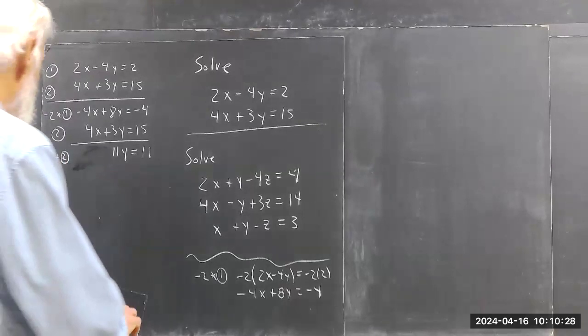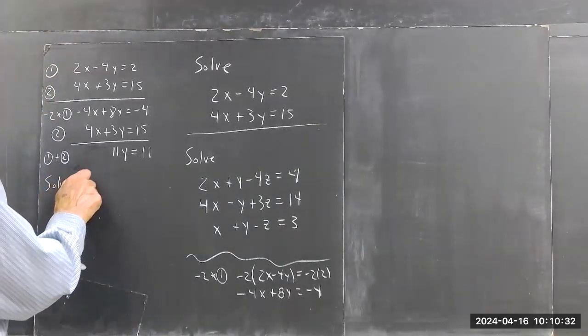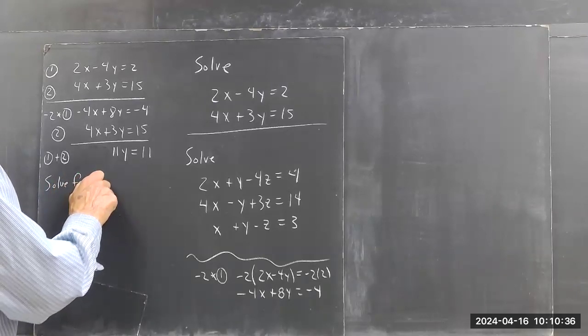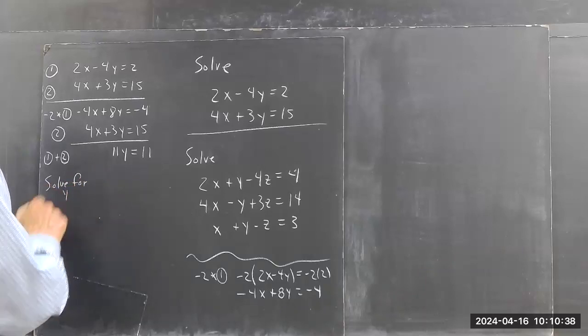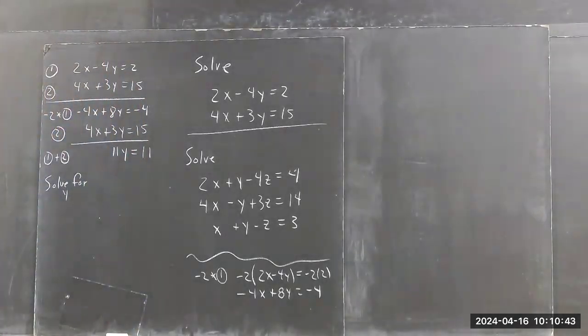So now we solve for our variable, which is y. What do you get when you solve for y? Write out the steps, because we want to make sure that we totally understand the steps of what we're doing.